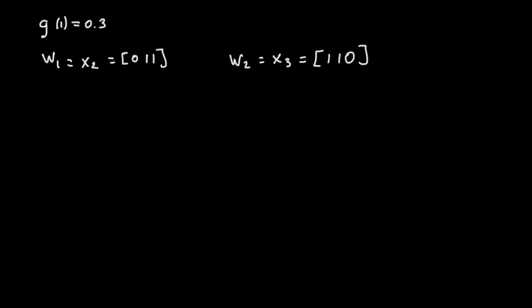Okay, now based on this information we can start iteration number 1. Iteration number 1. For iteration number 1 we can say x1 of t1.